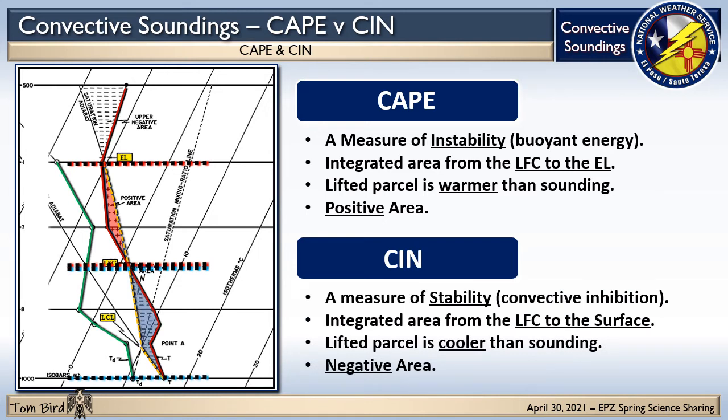It's the convective inhibition, and it is also an integration, but from the level of free convection down towards the surface. Any point where you're trying to lift a parcel and it's on the left side of the environmental sounding, it indicates it's cooler, so it would not want to be lifted unless something was forcing it. It would be cooler than the environment, meaning it would want to settle back down. It's considered a negative area and an inhibition to convective initiation.